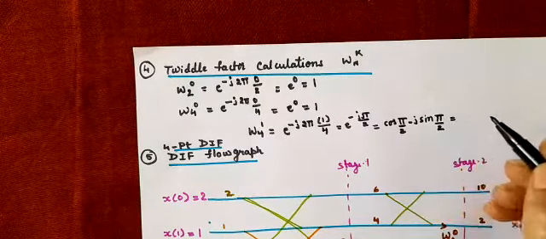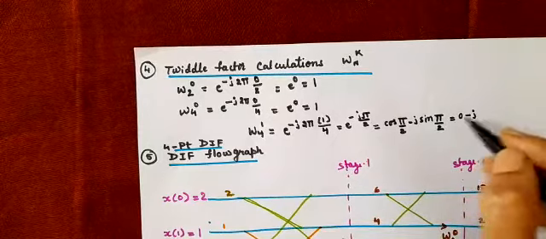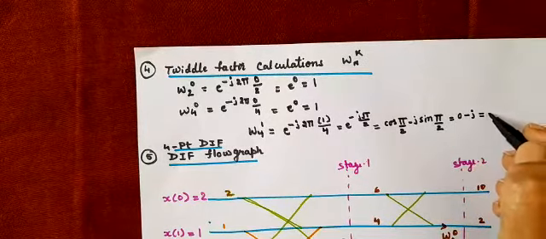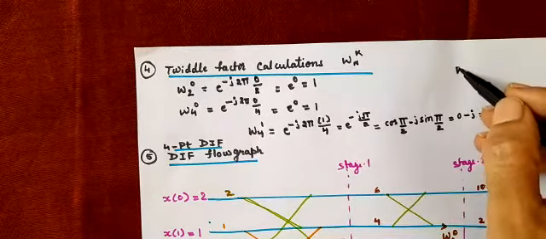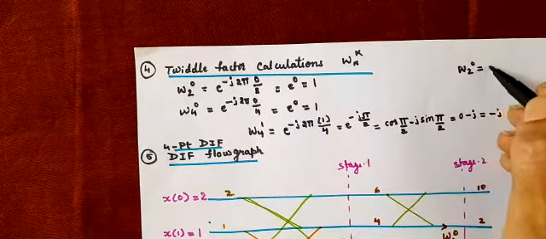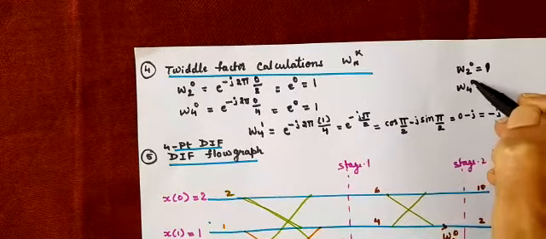Cos pi by 2 is 0, and sin pi by 2 is 1, so it is minus j. So what are the twiddle factor values? W2 to the power 0 is 1, W4 to the power 0 is 1.